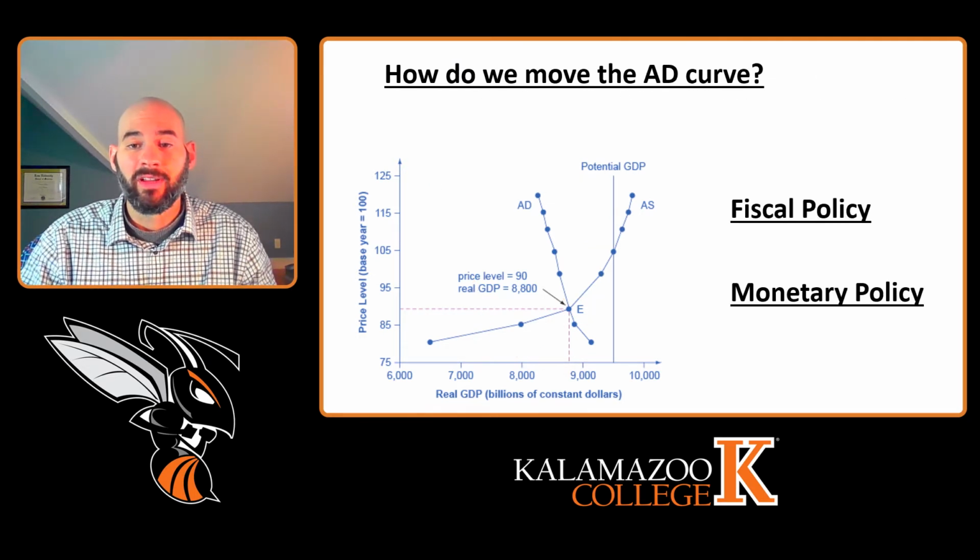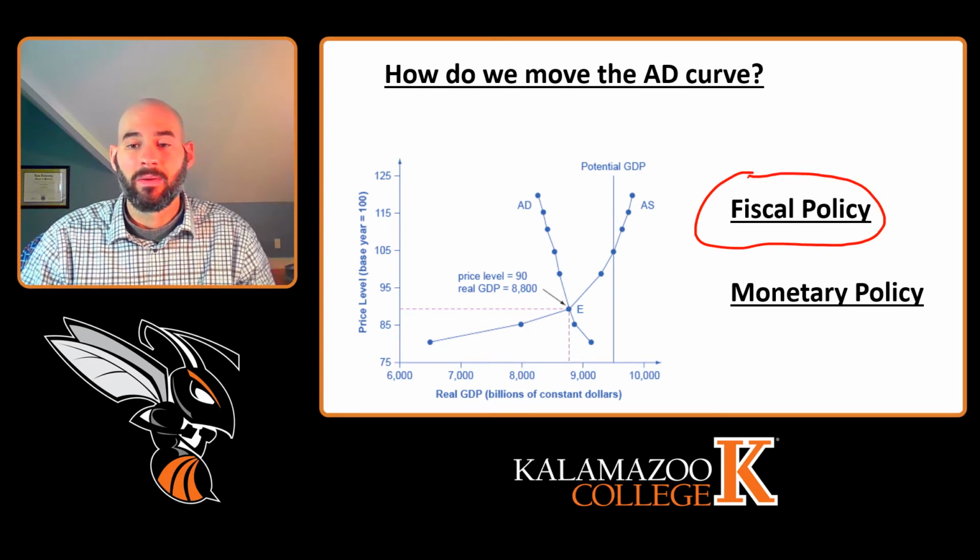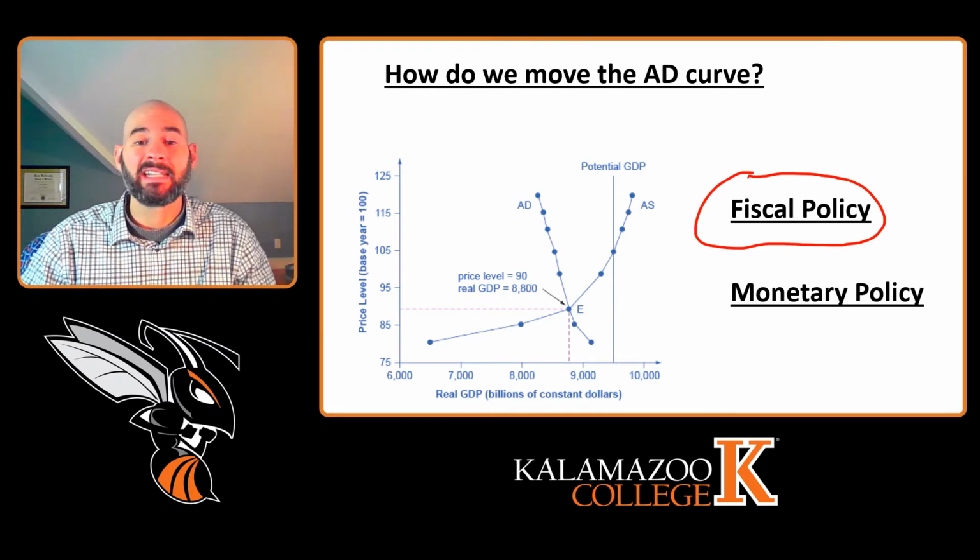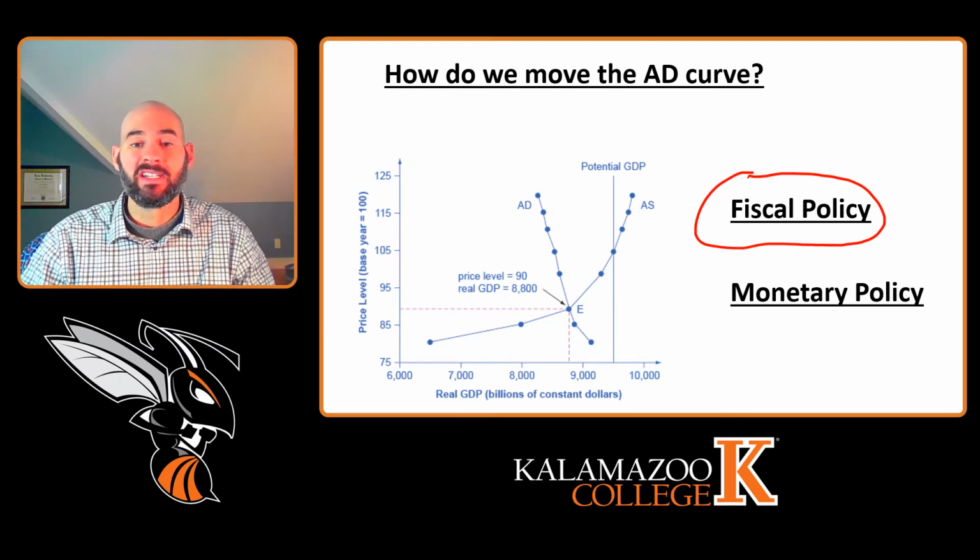So what we've just generally described is considered fiscal policy, and that is one of the two general ways in which we can impact macroeconomic conditions from a central government perspective. And the other way is going to be through monetary policy.